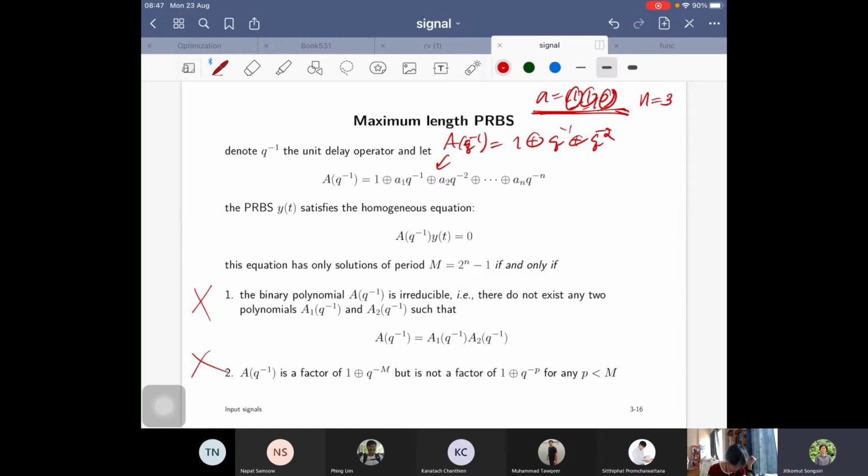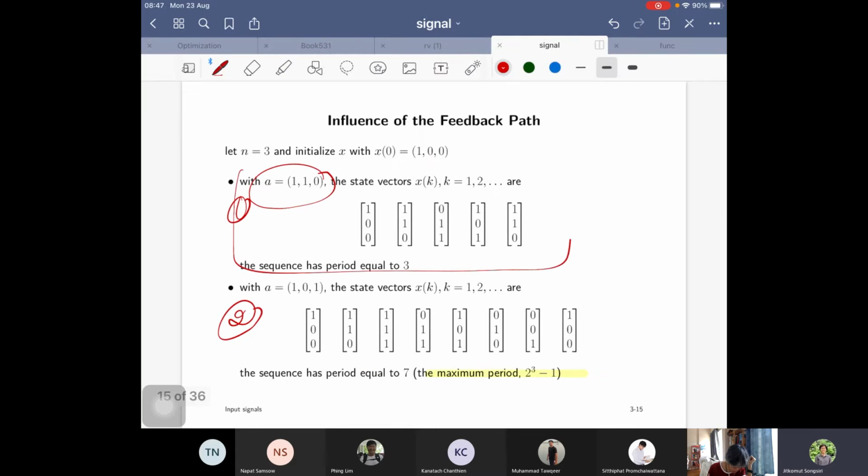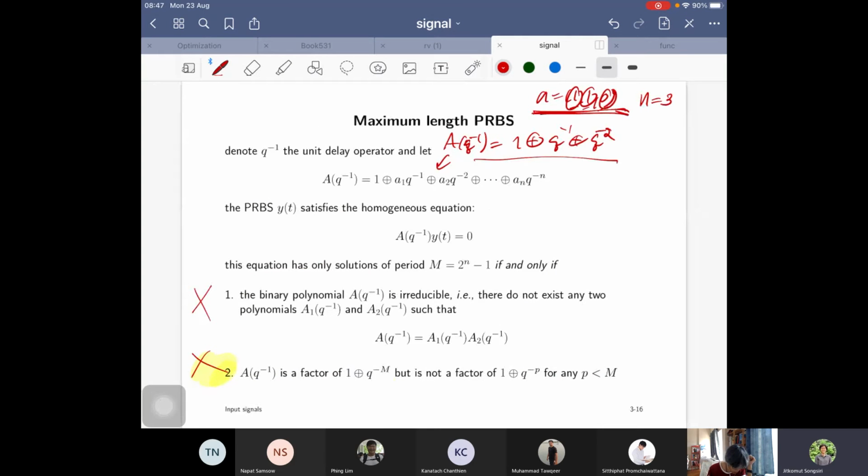I will give you a reason why the first one doesn't give the maximum period: this polynomial violates the second condition.